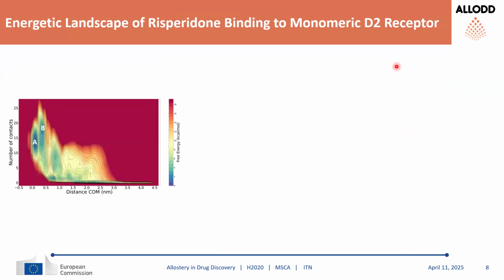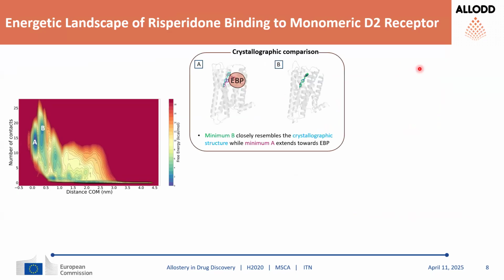And so here's the free energy landscape for risperidone binding to the monomeric D2 receptor. What we see is that basically there are two bound states. One of them is perfectly matching the crystal, and the other one is also quite similar, but the ligand is slightly tilted towards the so-called extended binding pocket.